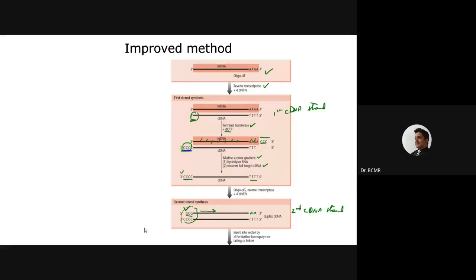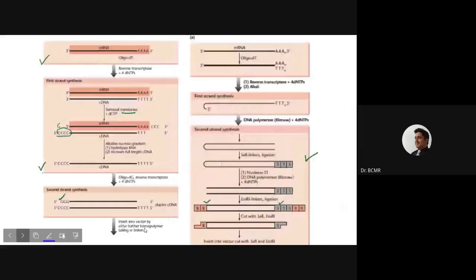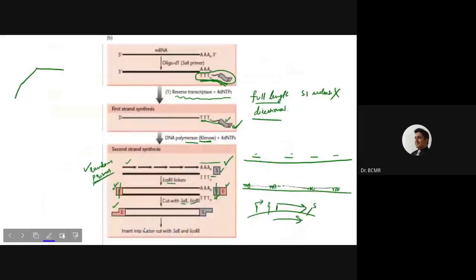Instead, I can use an oligo G as a primer to synthesize the second cDNA strand. It's a good strategy, and it solves the problem of not using S1 nuclease, but directional cloning is not yet solved. So in this one, they are using random primers for the second cDNA strand and directional cloning also.